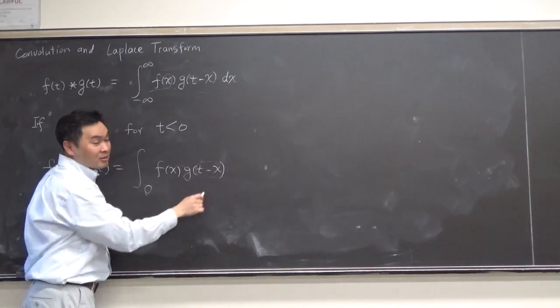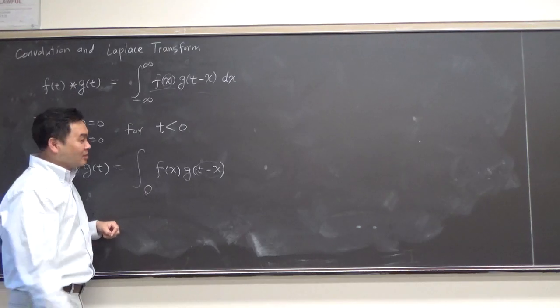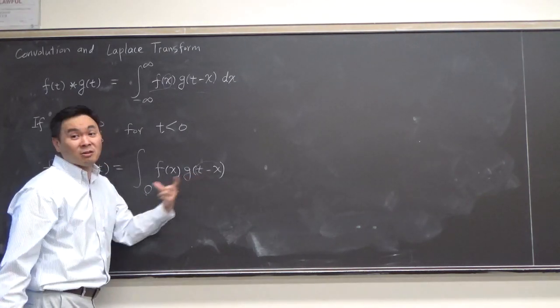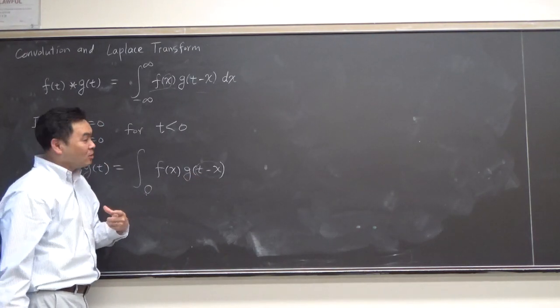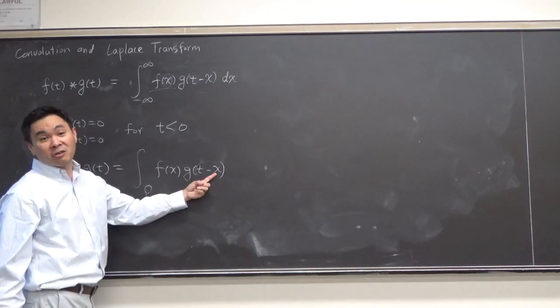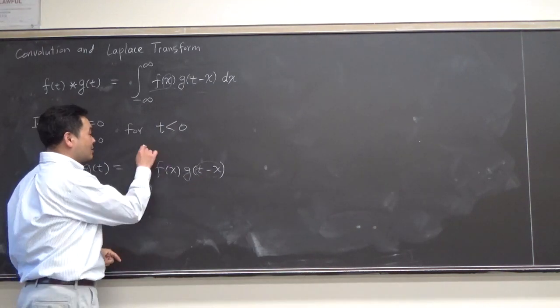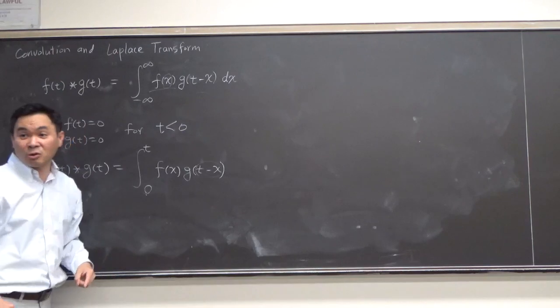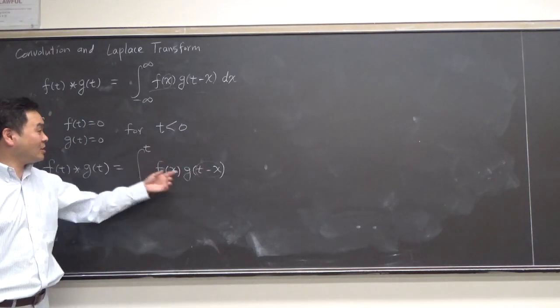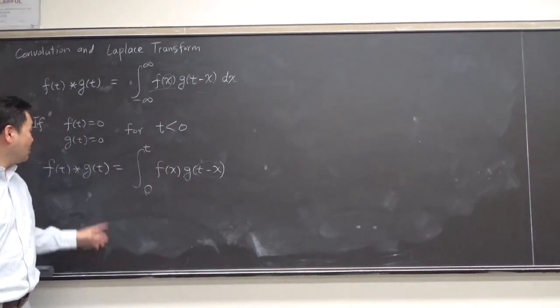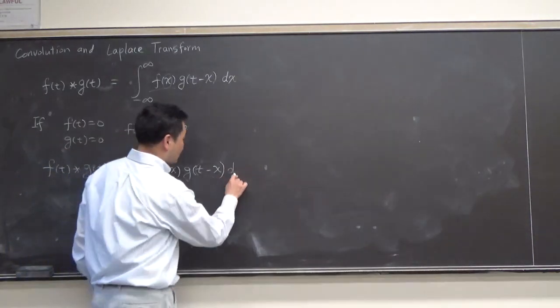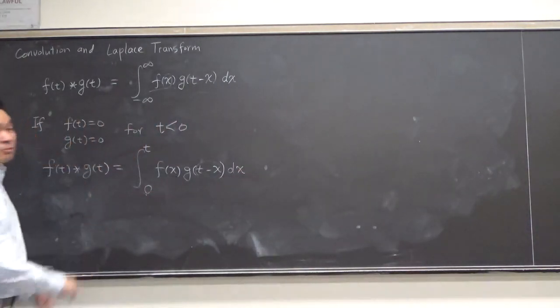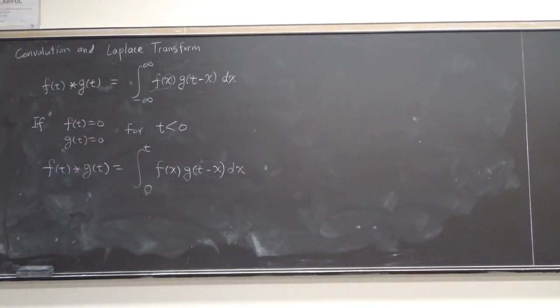This would be 0. If t minus x would be negative, then g of that number will be 0. So x can only go up to t. If x becomes bigger than t, then this will be 0. So this is another formula for convolution.